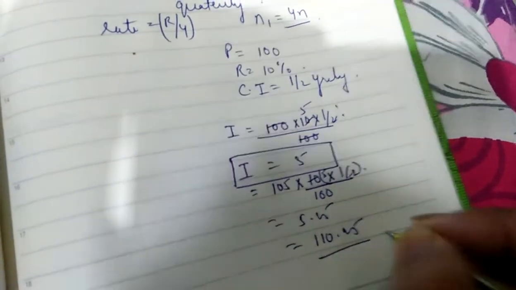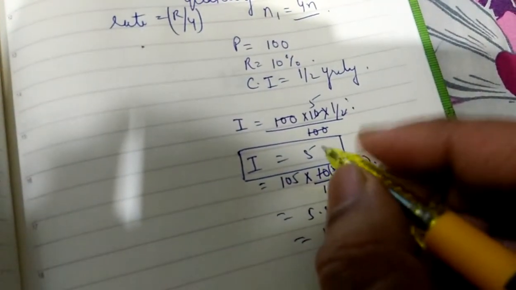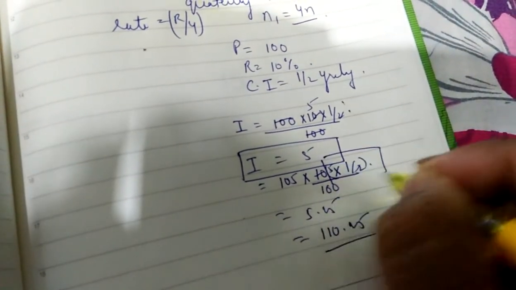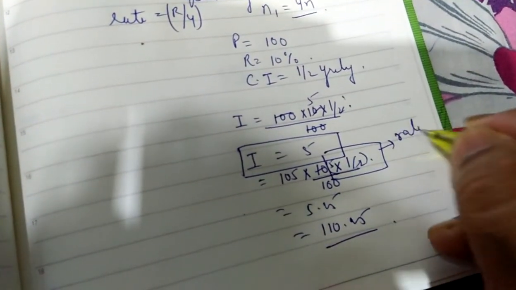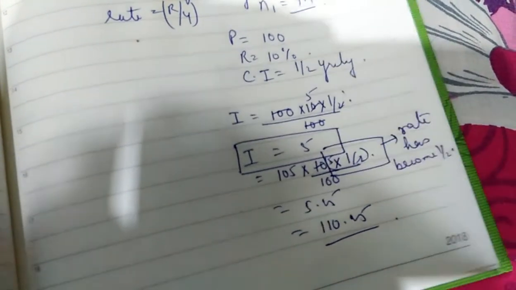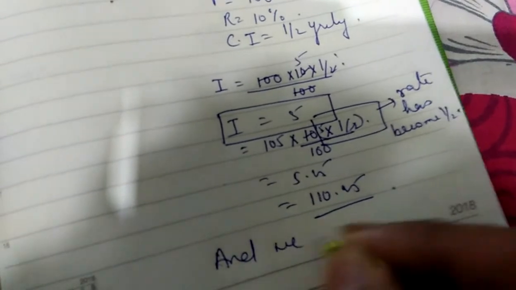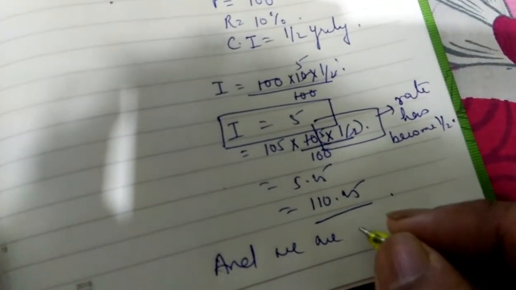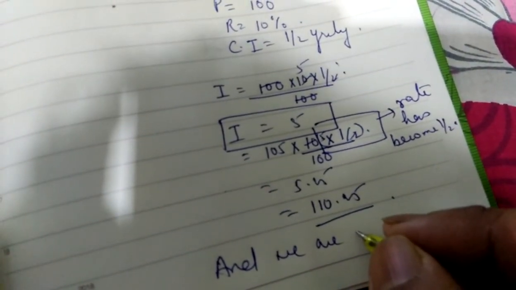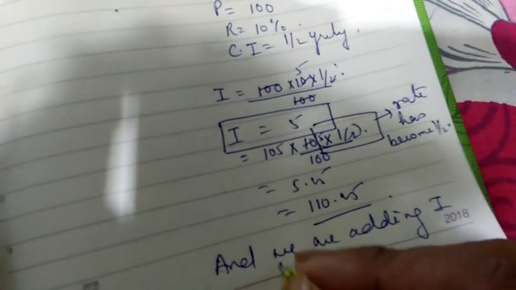Okay, so what has happened here is the rate has become half, and we are adding interest 2 times.